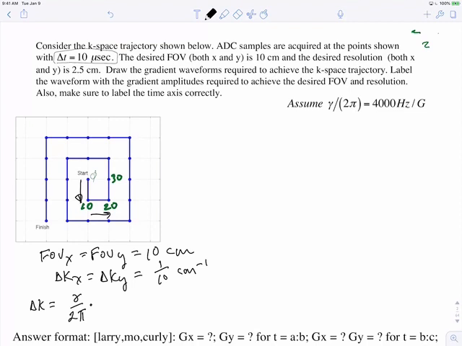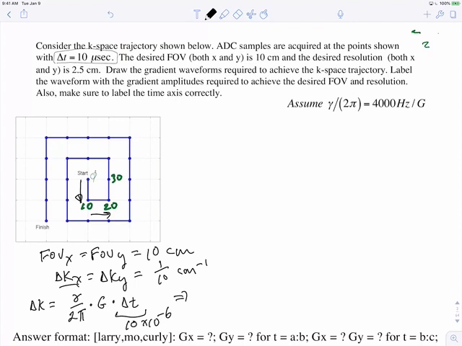It's just how much do we want to move that much each time step, okay? So each time step we have to move this delta K. So delta K is just equal to gamma over 2 pi times the amplitude of the gradient times delta t, right? We're given delta t as 10 times 10 to the minus 6 seconds, right?